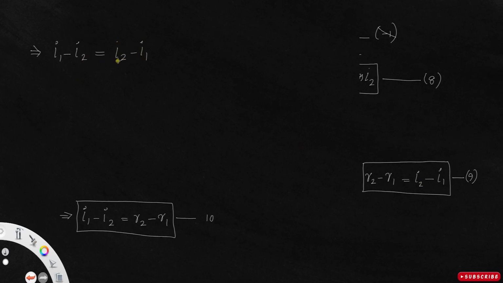Clear? So if I take I1 to the left, I1 plus I1 is equal to I2 plus I2, that is 2I1 equal to 2I2, implies cancel this 2, I1 equal to I2. So that's the reason why at minimum deviation we have angle of incidence equal to angle of emergence. Clear?